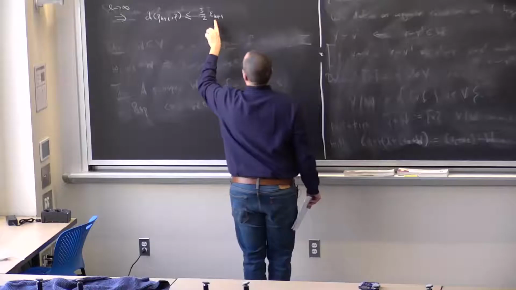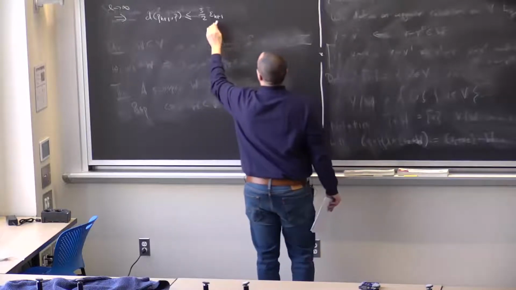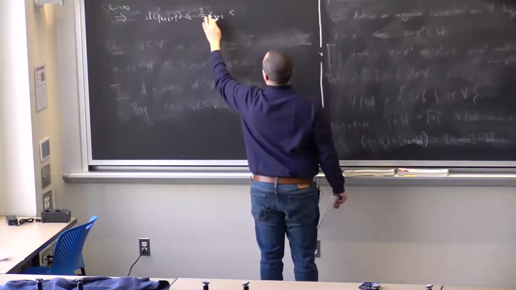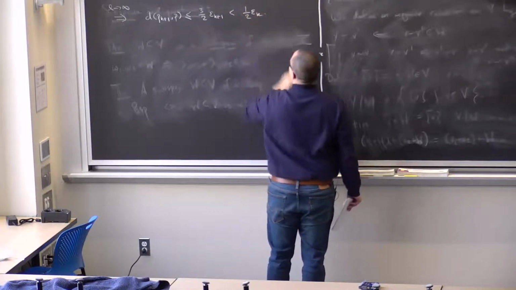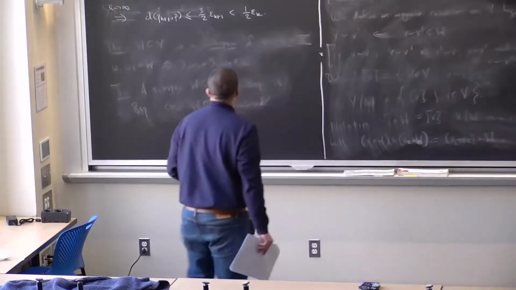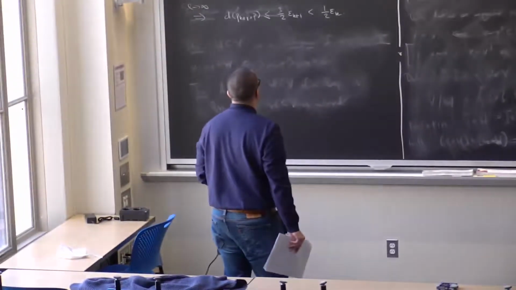And remember, epsilon k plus 1 is less than 1/3 epsilon k, so this is less than 1/2 epsilon k. All right?